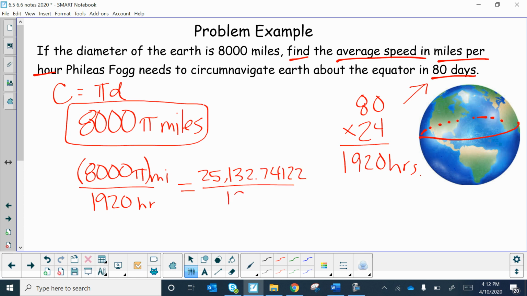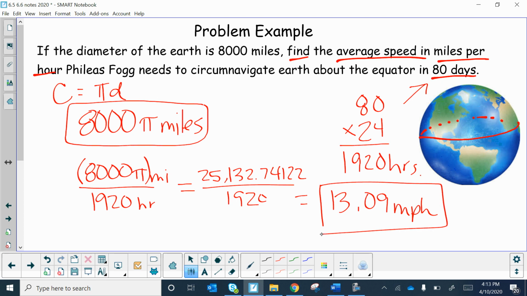Now I'm going to divide that by 1,920. Sorry, ignore that last 0. So that's going to take about 13.09 miles per hour to get around the world in 80 days.